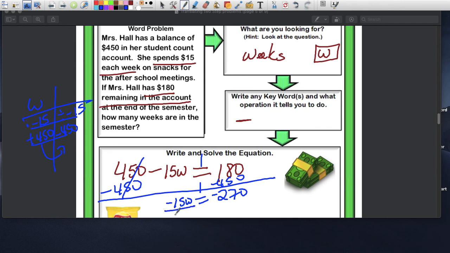Then the second thing we do, we divide this by negative 15 and divide this by negative 15. These two cross out, and the negative becomes a positive 1. 1 times W is just W. And 270 divided by 15 equals 18. So how many weeks can I take $15 from my bank account until it reaches 180? I can do that for 18 weeks.